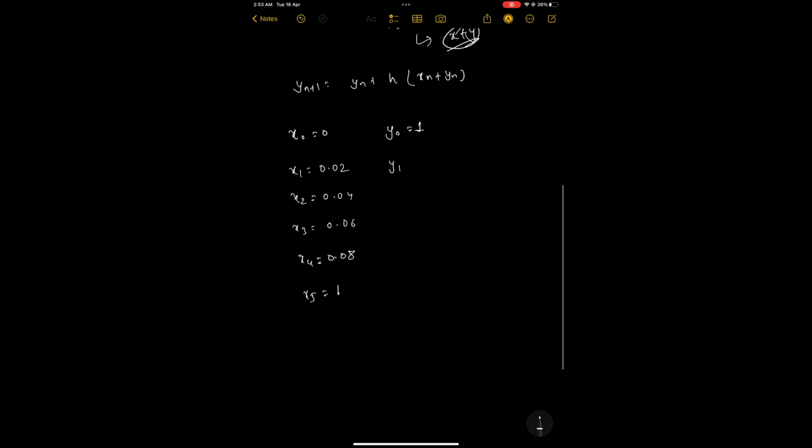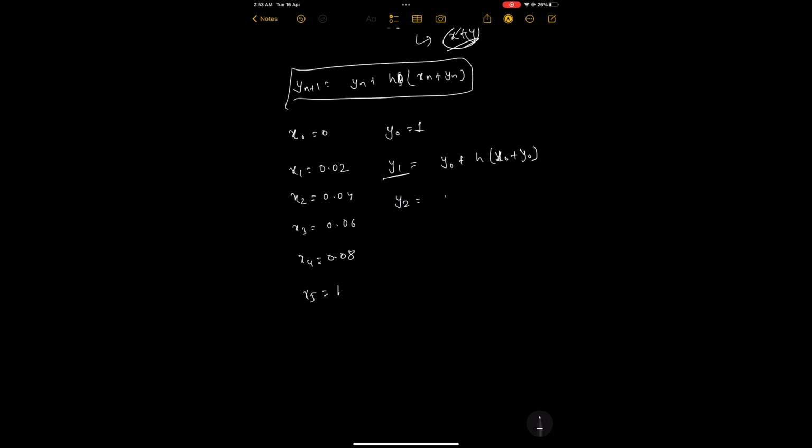For x1 we have y1 equals, from this recurrence relation, y0 plus h into (x0 plus y0). If we plug in x0 equals 0 and y0 equals 1, we get y1. Similarly, we can get y2 equals y1 plus h into (x1 plus y1), and so on. From here we can get y5 equals y of 1.